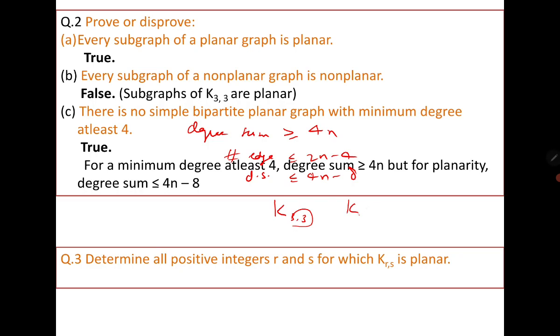It means the only choices are that one of the numbers should be less than 3. So K1,s and K2,s, along with K1 you can take any positive integer, it doesn't matter, it would remain planar. But if you go with K3,s and s is greater than or equal to 3, then it would for sure be non-planar.